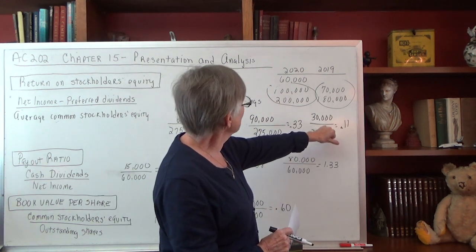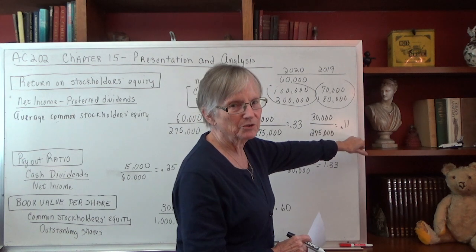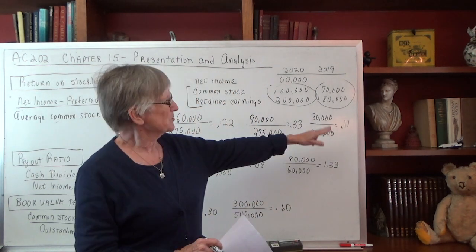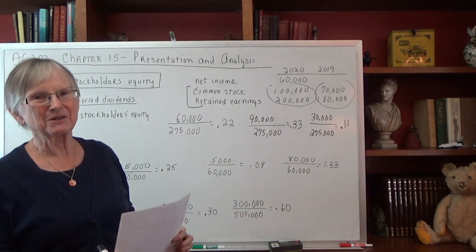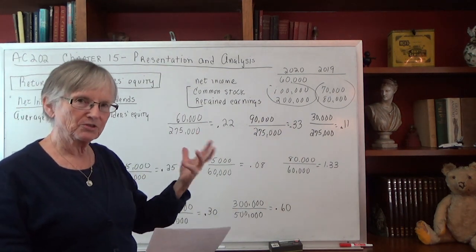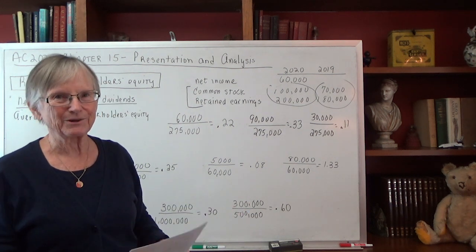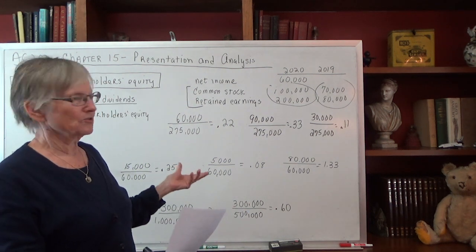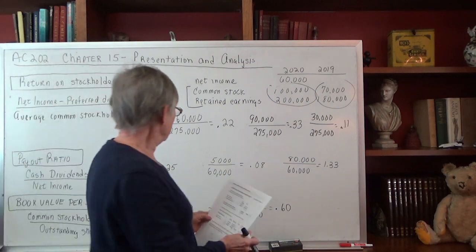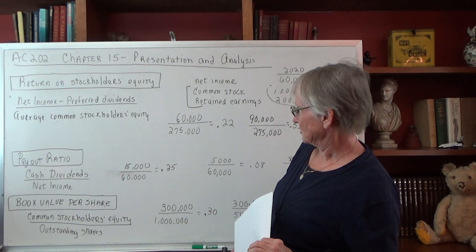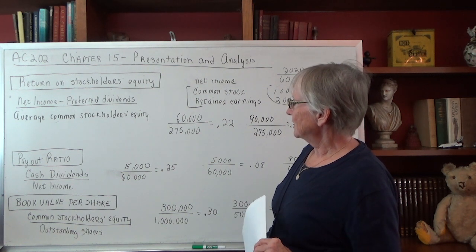Here you're generating less income, so you have a lower return on stockholders' equity. So doing the three scenarios can help you understand and have these actually mean something to you rather than just saying, I'll memorize that ratio, because these actually are useful. Okay, so that would be the return on stockholders' equity.